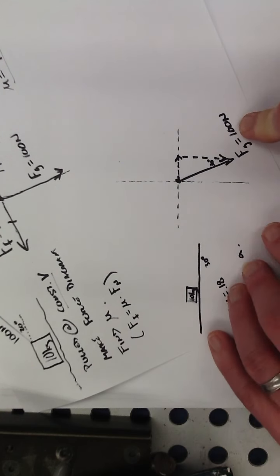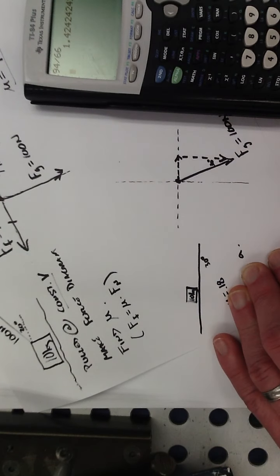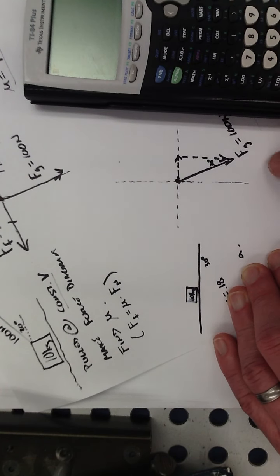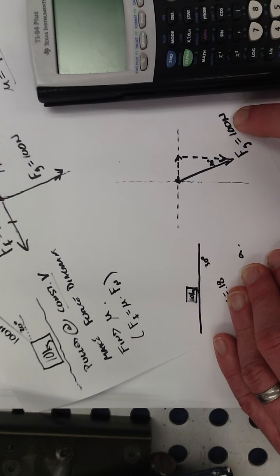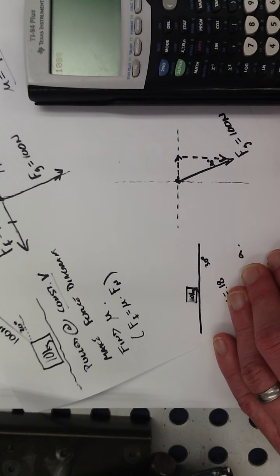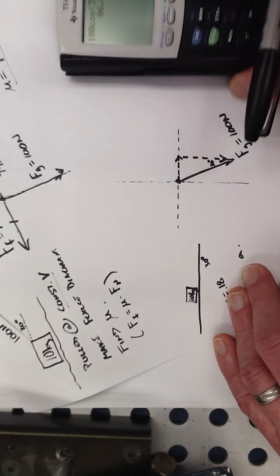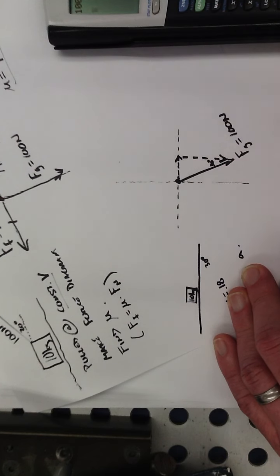And the next thing I'm going to do, since I'm working in this triangle, I'm going to finish what I started here. I'm going to do 100 times the sine and cosine of 30. 100 times the cosine of 30 is about, I'll call that 87 newtons. Now, which side is that?